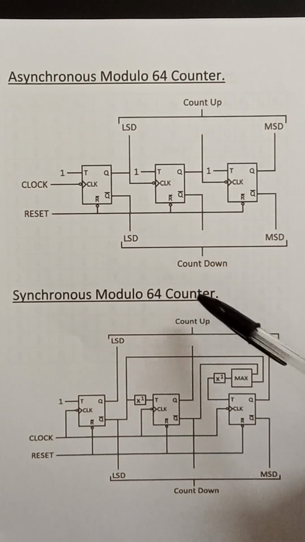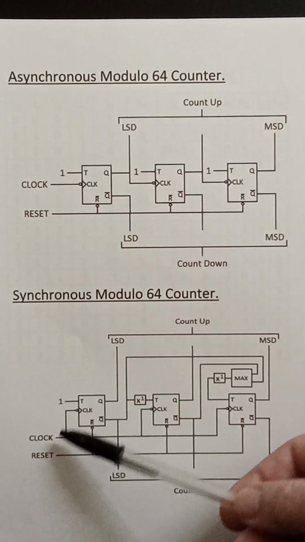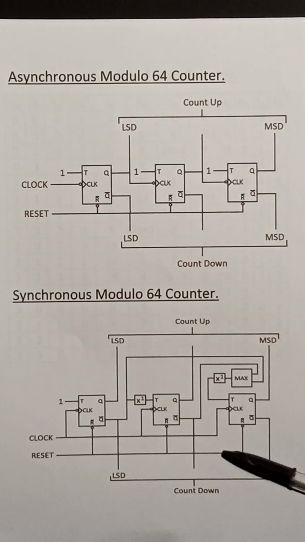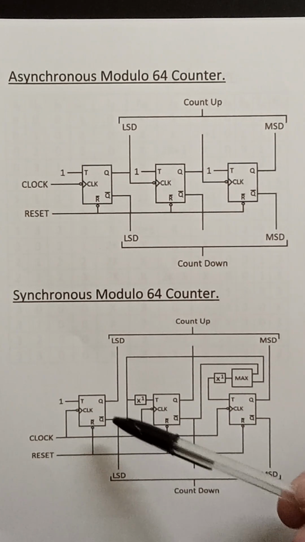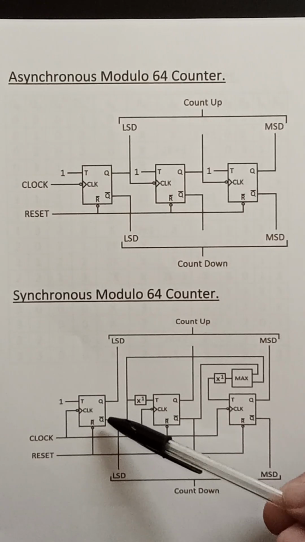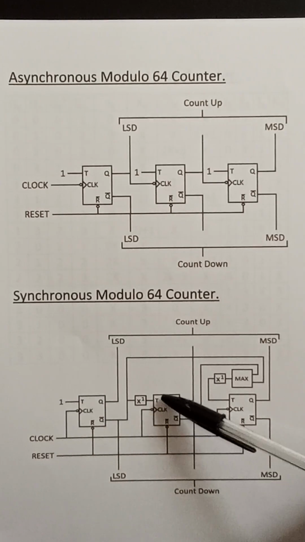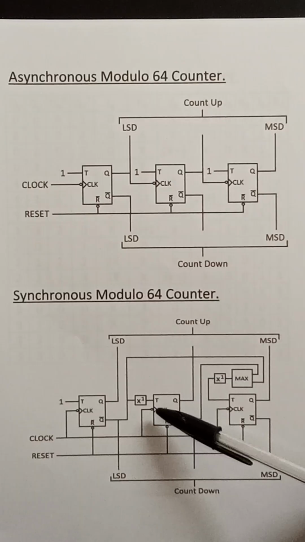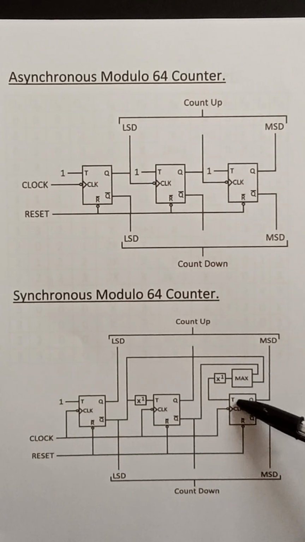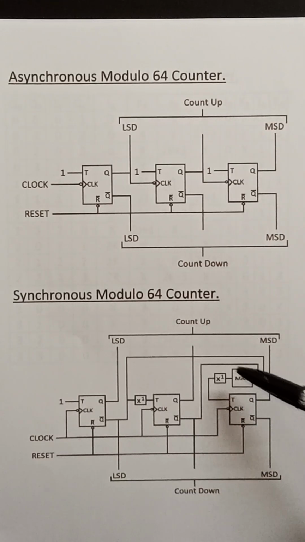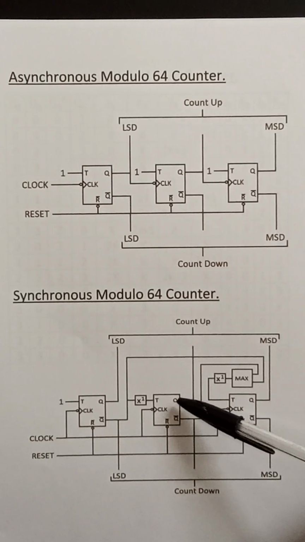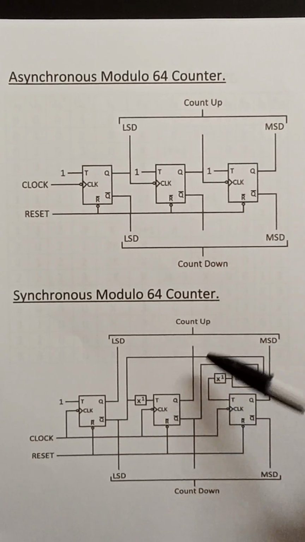Synchronous modular 64 counter. All the clocks are connected together, so it's synchronous. The reset is there, and basically when Q equals a 3 on this, not QA, or Q bar A, is a 0. That provides a 1 there, which counts up on the clock. And here, T is a 1 when QA and QB, for example, are 3s, so these would be 0s.